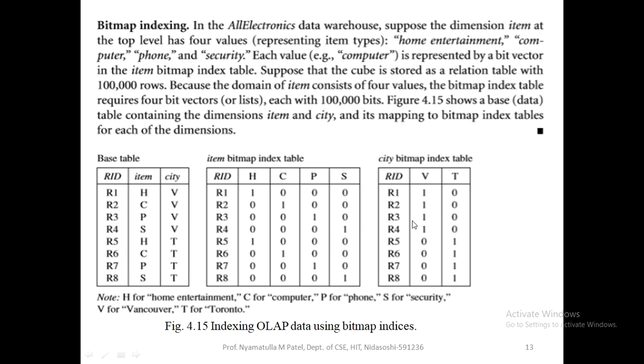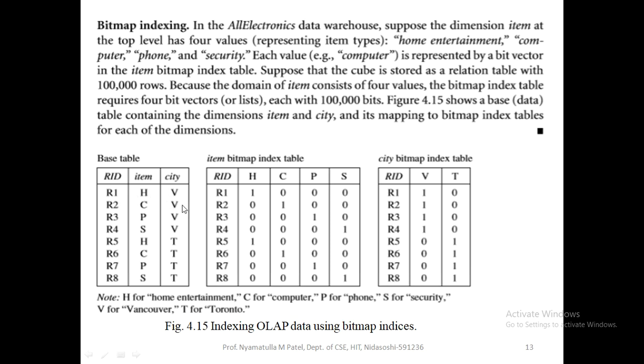Now, if you want to search for the transaction records in the city Vancouver, what is being sold? You will directly find that home entertainment items are sold. In the base table too, R1, directly in the city Vancouver, some home entertainment items are sold.